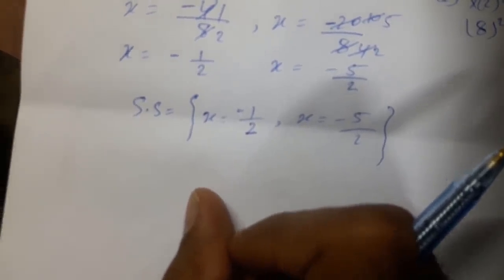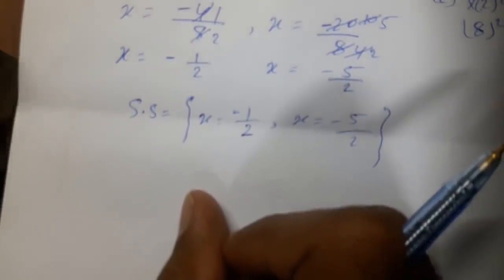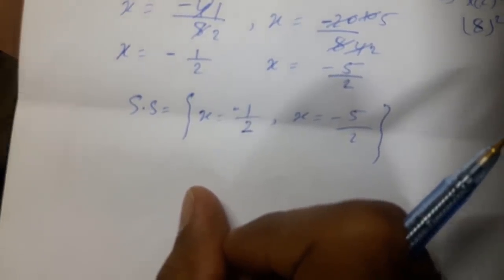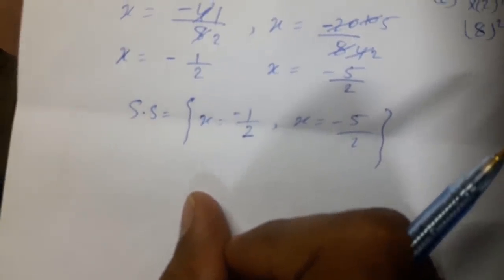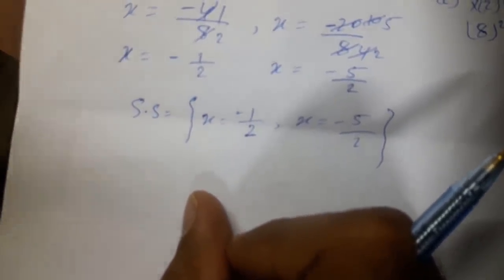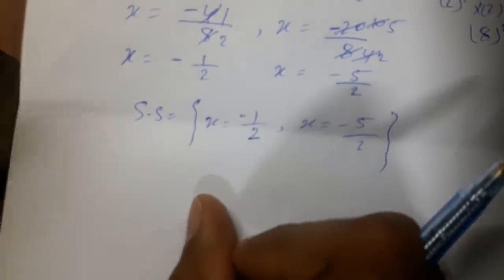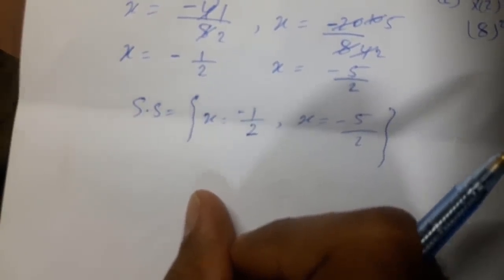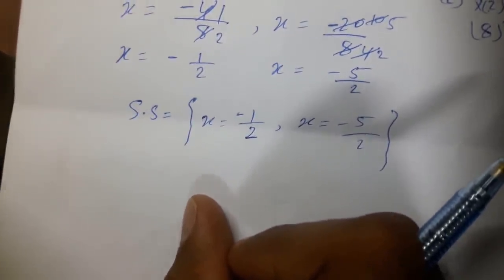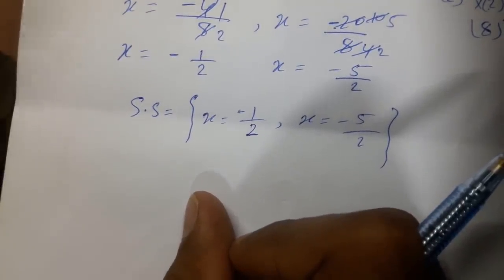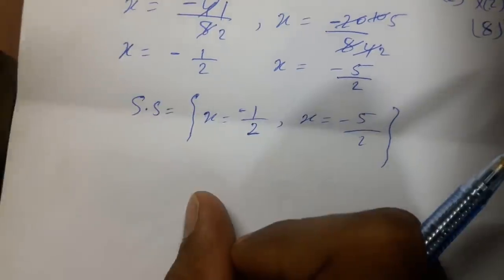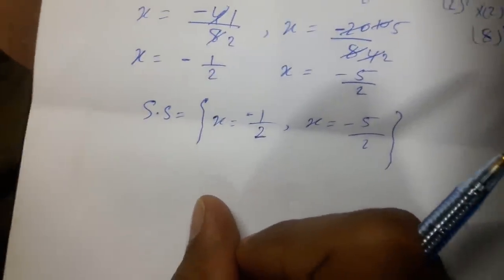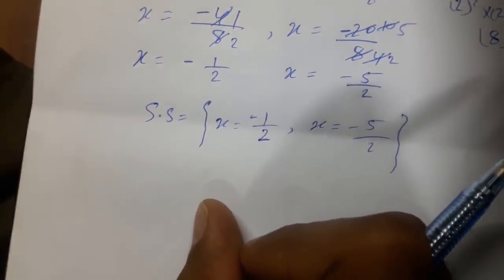So now we will take another question which is not possible to solve by multiplication. I will show you that if the question is not possible to solve by the multiplication method, we will solve it by quadratic formula. So the answers from the three methods cannot be the same.